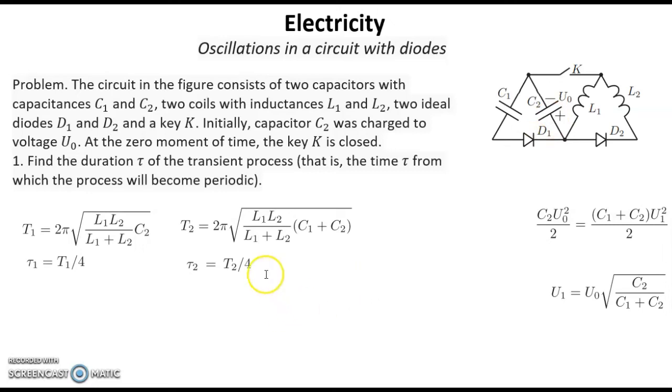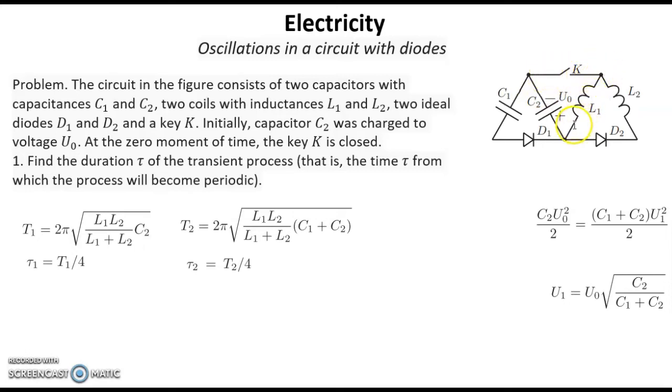Now after the second quarter of the period we have positive charge on the upper side and negative charge on the lower side, and we have current which starts to flow to the right through this key.